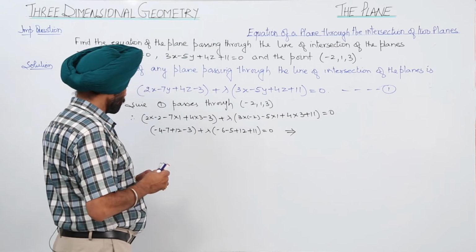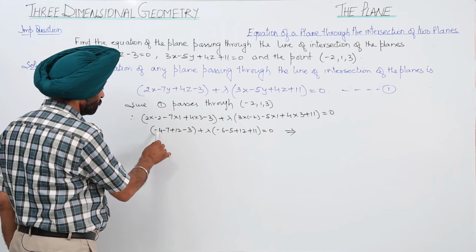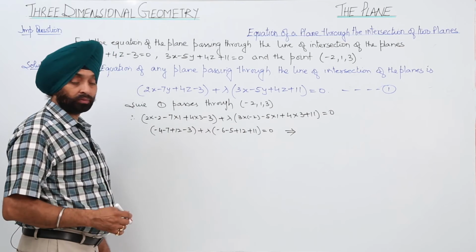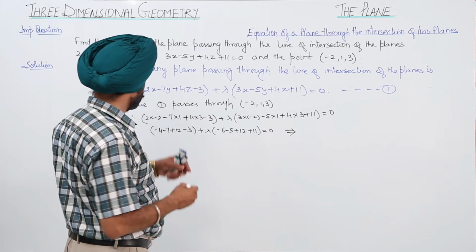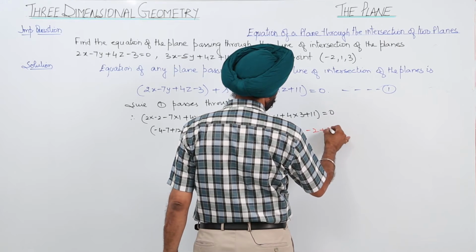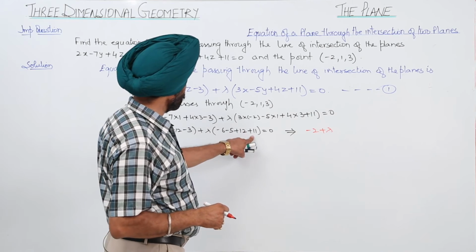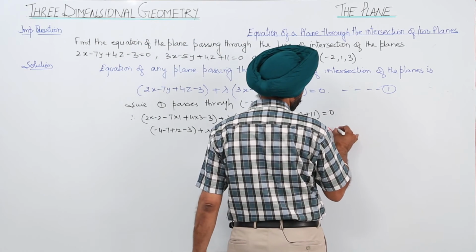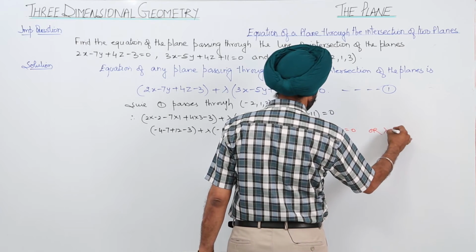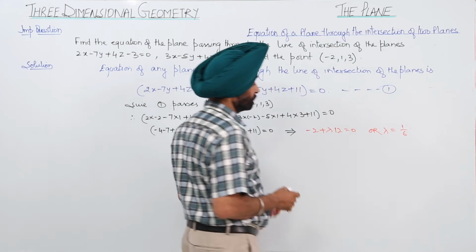Now, this implies, negative of 4, negative of 7, negative of 3, so this becomes negative of 14 plus 12, so negative of 2, plus lambda, now 11 and 11 cancel, plus lambda into 12 is equal to 0, or lambda is equal to 1 upon 6.